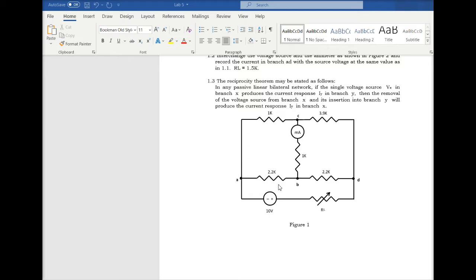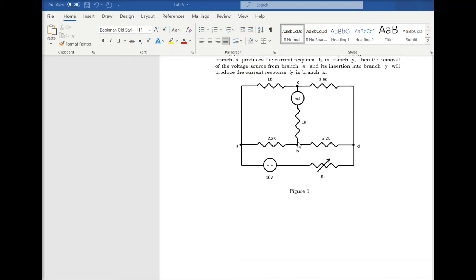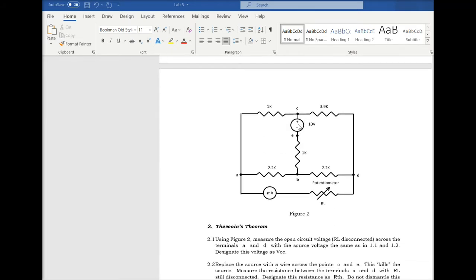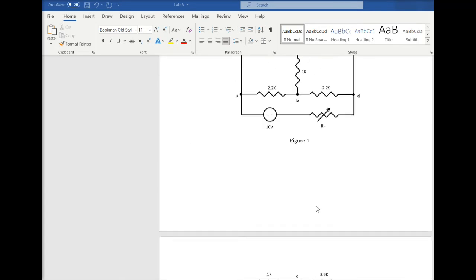So this voltage source would come over here just like figure 2, and the ammeter would come over here. We are going to exchange that, and if the current that was flowing through this branch is equal to the current through this branch now, then that will establish your reciprocity theorem.